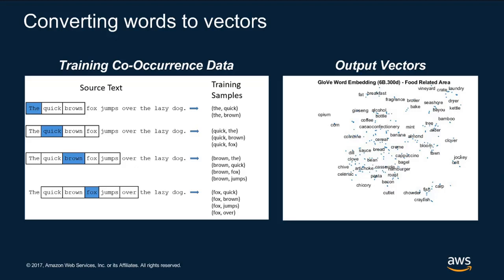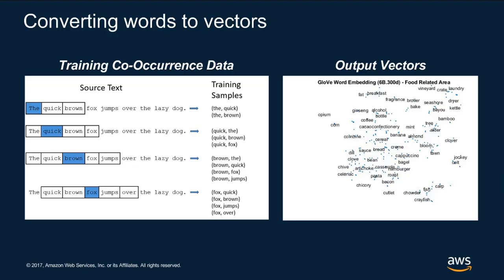Now we are looking at foods: bean, artichoke, chive, dill, chowder, etc. These are all aggregated near each other in the overall vector space.